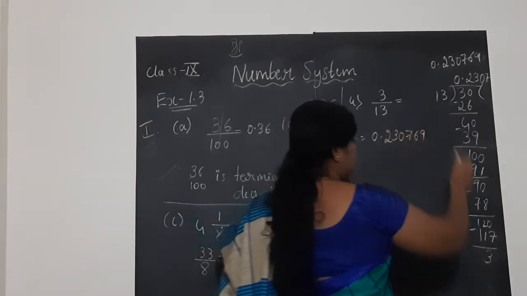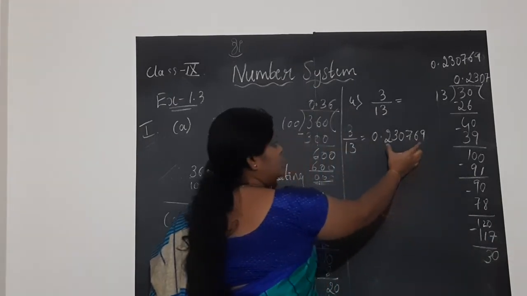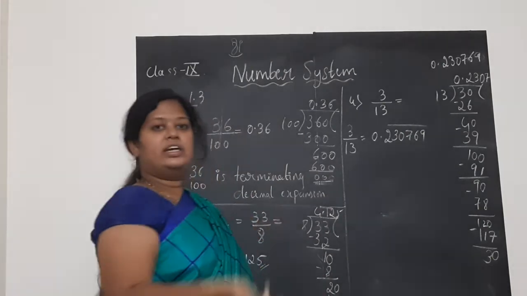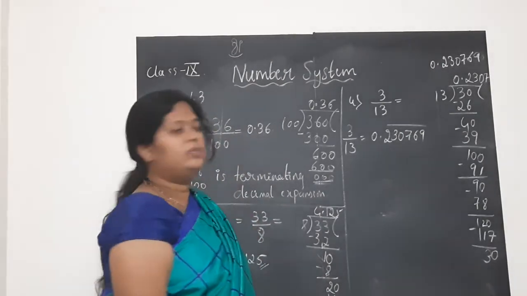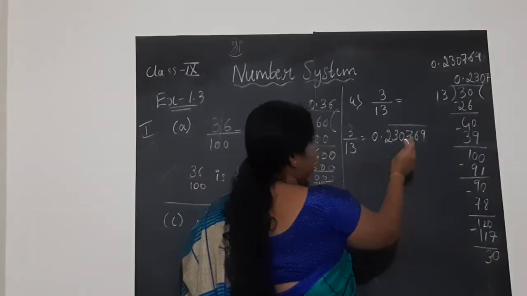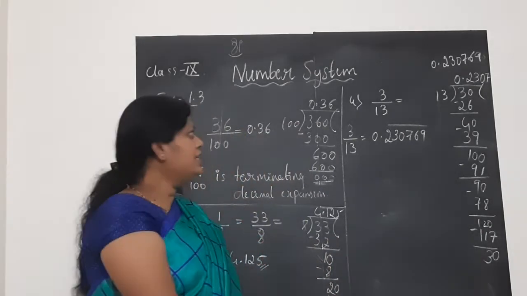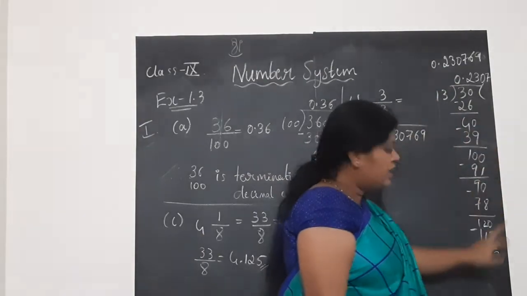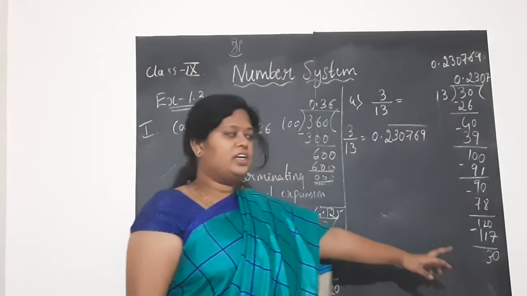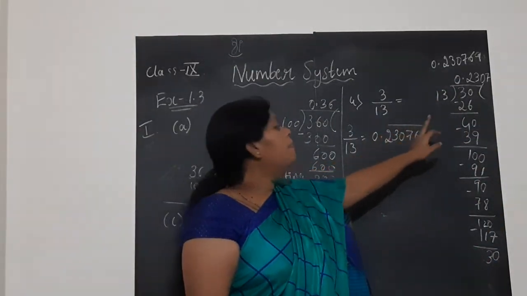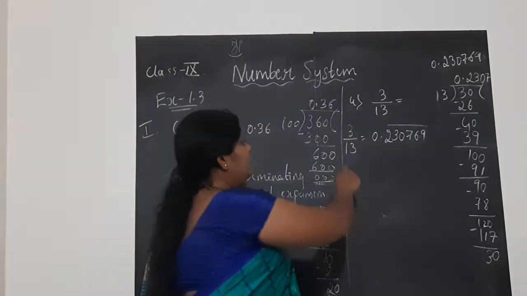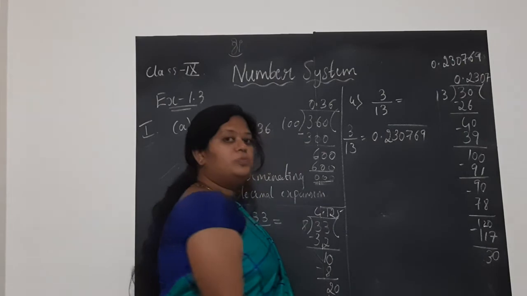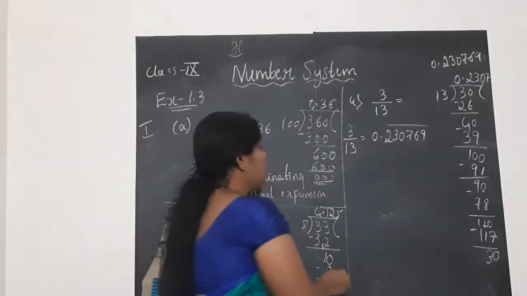If you continue, the same set 230769 will get repeated. So instead of doing that, since it will repeat, let us write a bar here. 3 divided by 13 is 0.230769 bar, which means it is recurring, it is continuing.